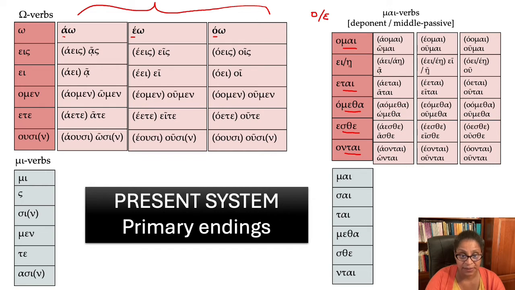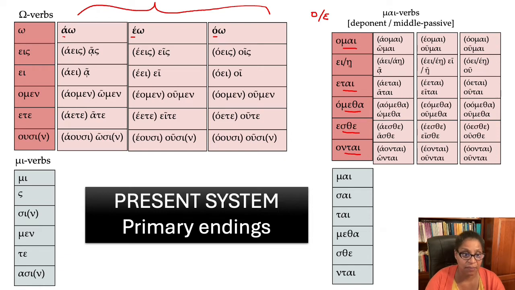You just get mai, sai, tai, methas, sthe, ntai. That's what you're getting. So something like tithemi in the middle will be tithemai. So epsilon emai, right? Because you're stacking the mai right onto the stem without this intermediary omicron or epsilon.